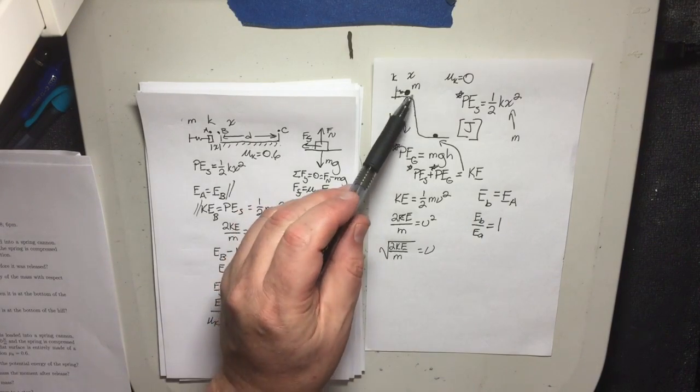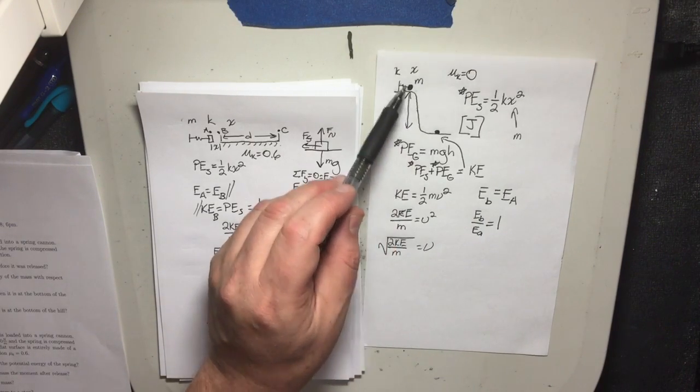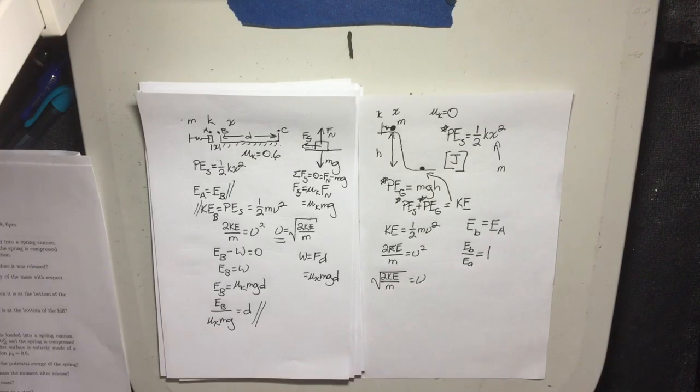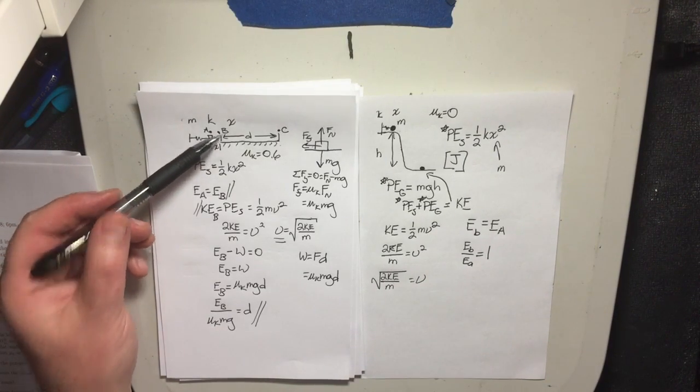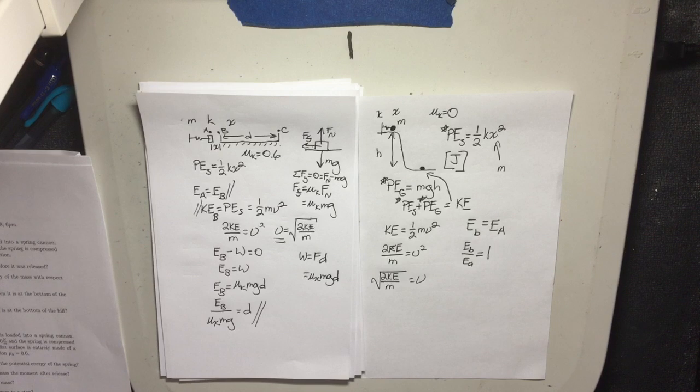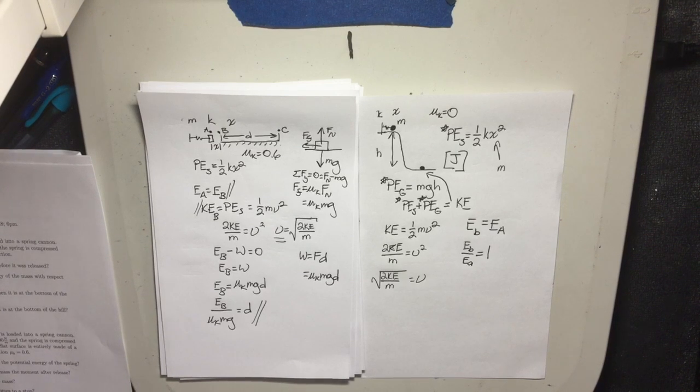So in the first example, we had a pure conversion from potential to kinetic with no friction. Here we have a potential to kinetic to nothing because of friction. And that's number 2.